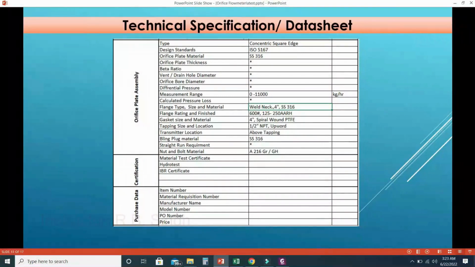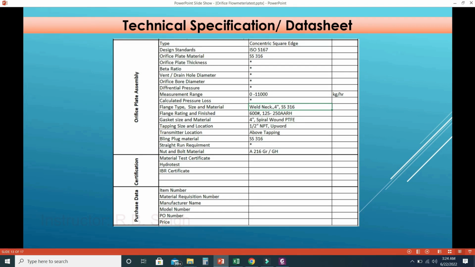Then orifice plate assembly information, like what is the type of orifice plate: concentric, square edge. The design standard is ISO 5167. Orifice plate material, so stainless steel 316 or 316L. But suppose the pipe material is stainless steel 316L, then we have to consider 316L. And plate thickness is vendor recommended.